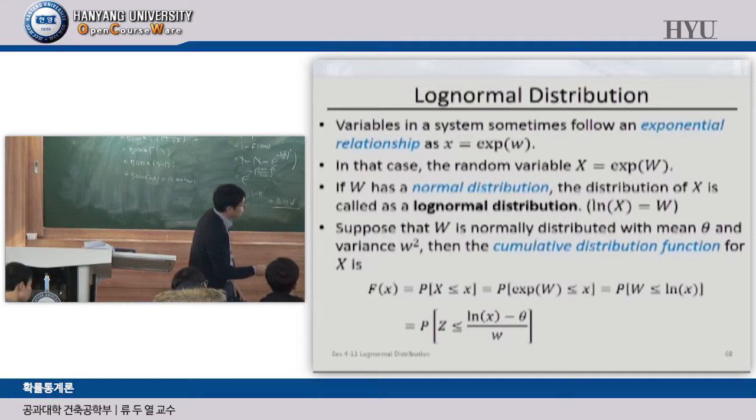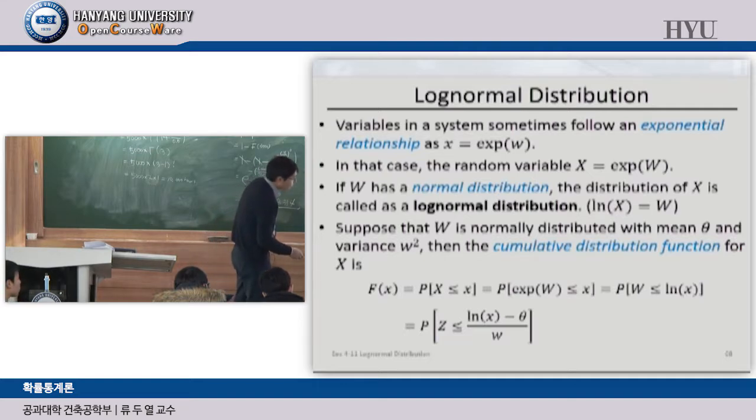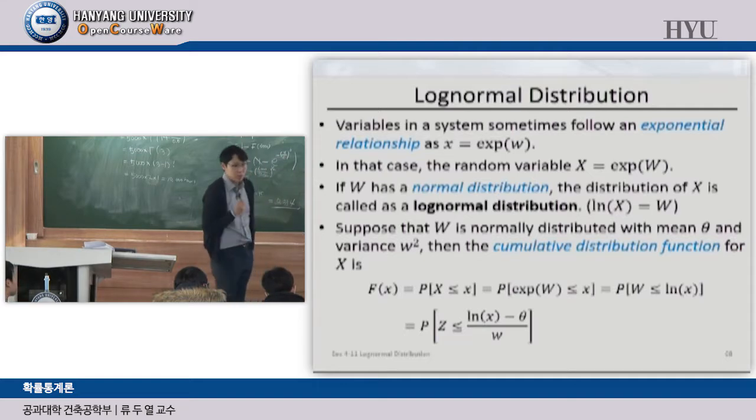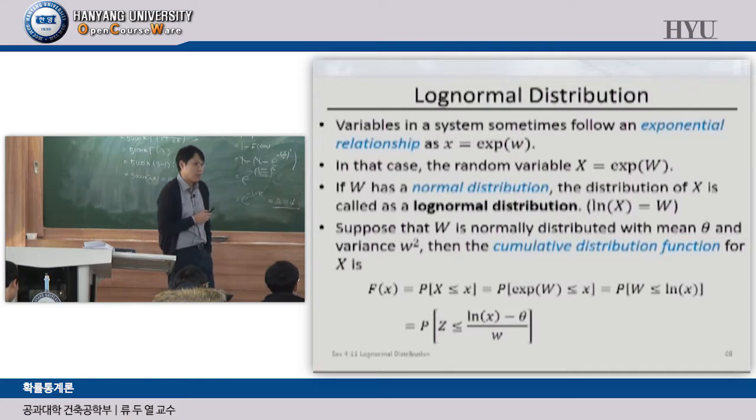What was the mean? The mean was theta here, right? Over the standard deviation, since the variance was w square, the standard deviation should be equal to w. Okay? So, based on this equation, we can solve the problem by using the appendix table. Okay?